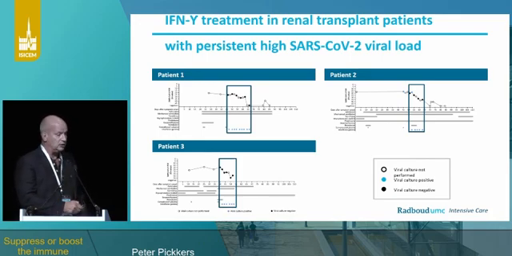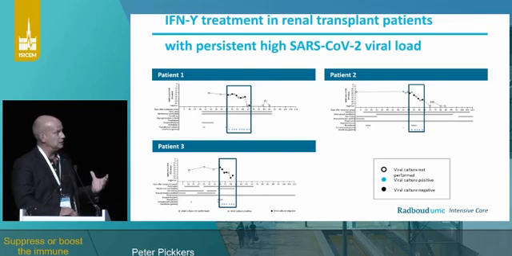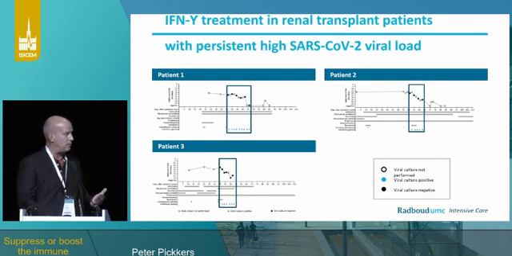And what we found in these patients is that they kept on shedding the virus, and we also did viral culture. So it's a live virus for 50 to 60 days in the ICU. They were not able to clear the virus because these patients were, of course, on immune suppression for a long time. And so in these patients that were not improving, we thought about treating them with interferon gamma.